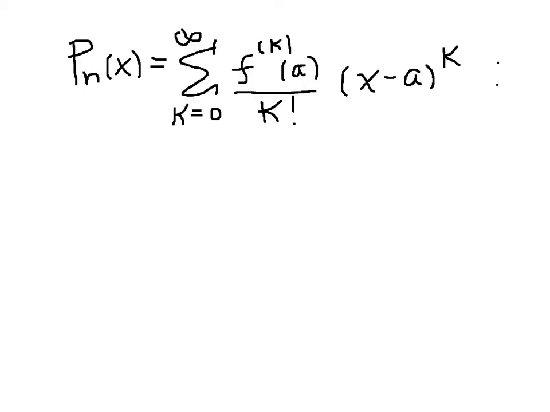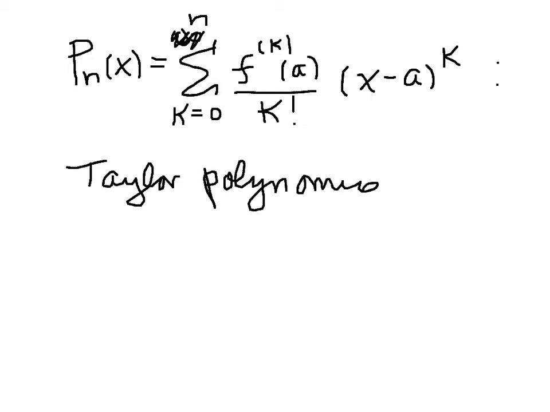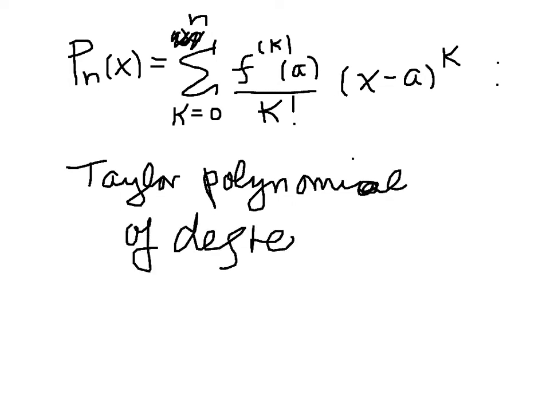Before we get into examples, I need to tell you one more definition. I made another mistake, so let's make this be an n. If we look at a finite sum, this is a polynomial, and we call this the Taylor polynomial of degree n.